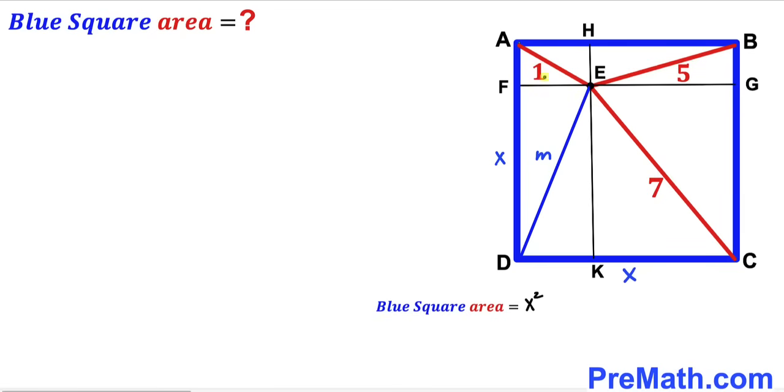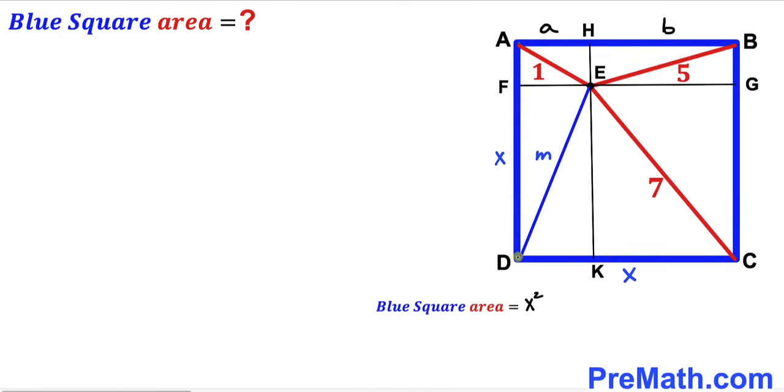In this next step, I have drawn this horizontal line FG and this vertical line HK, such that the horizontal line FG is parallel to this side, and likewise the vertical line HK is parallel to this side of the square. Now I'm going to label this segment as lowercase a, this segment lowercase b.